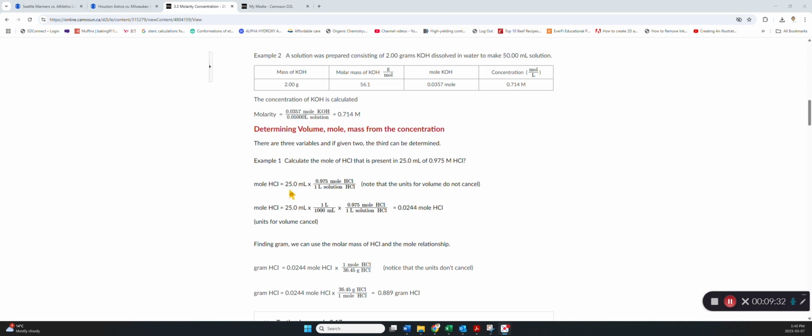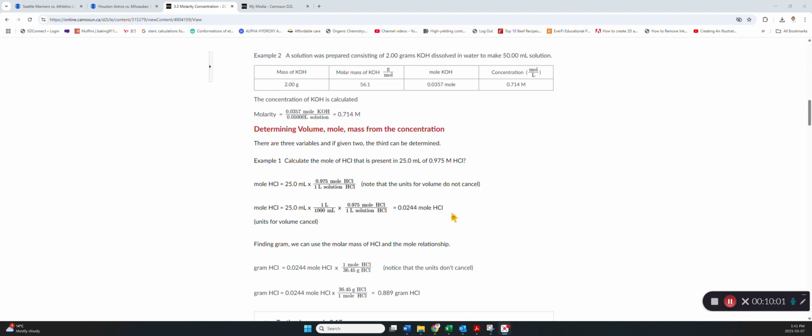But note right here, if we've got 25 mL, the units don't cancel, so we need one more factor, the magnitude factor. So 1 liter over 1,000 milliliters, you can cancel the milliliters, and then multiply the terms out to give you a value of 0.0244 mole HCl.